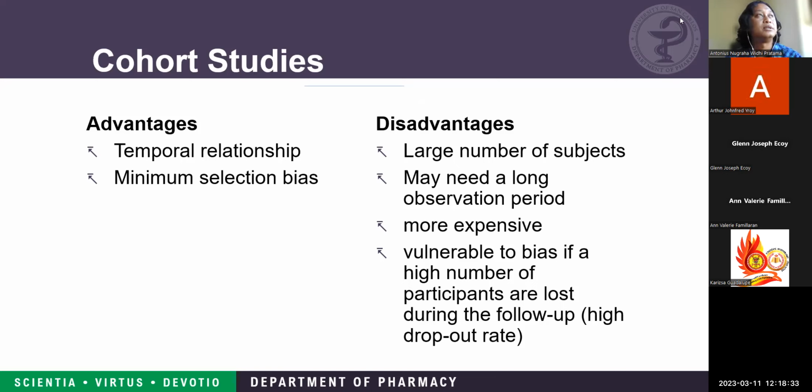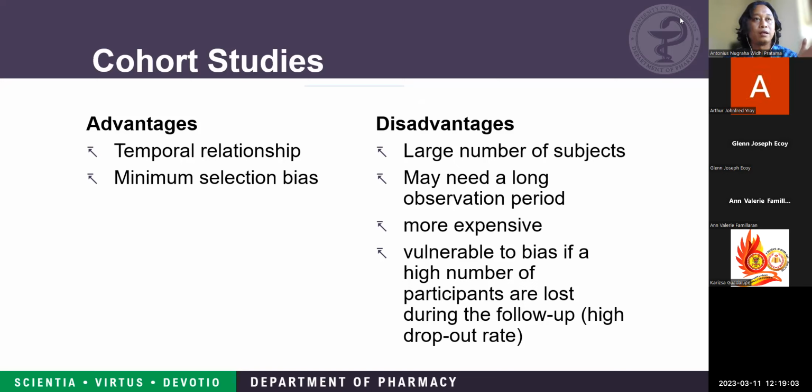In all studies, especially cohort and RCT studies, this is a part of the ethical issue of conducting clinical studies: patients can stop anywhere at any time. So that's the general term.